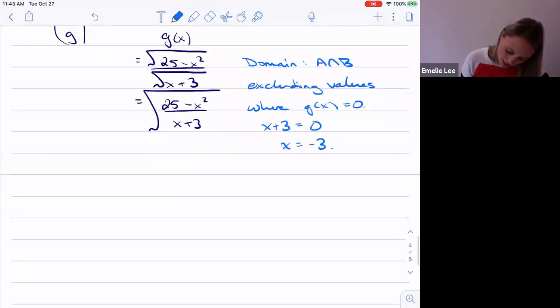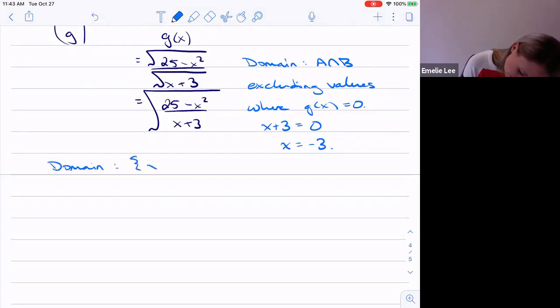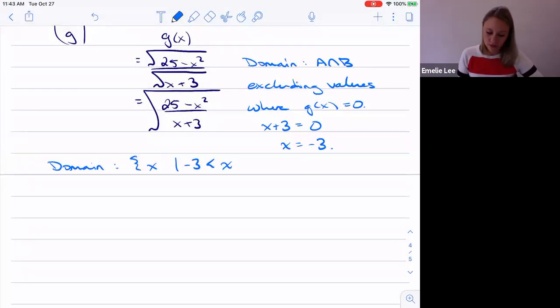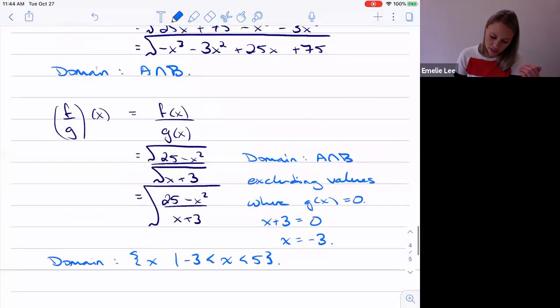And so the domain becomes the set of x's such that x is just greater than negative 3, right? So no longer including that negative 3, and less than 5. Good. So that's the only change with the domain when we're dividing these functions: we have to make sure that g of x is not equal to 0. All right, good.